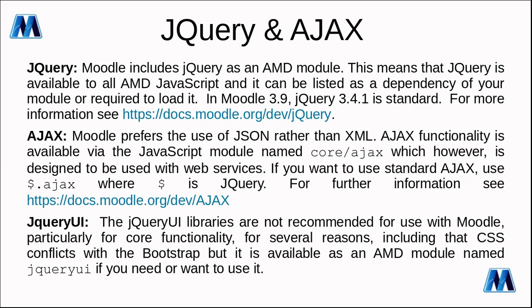However, the module that's in Moodle is designed to work really well with web services, and sometimes you find yourself having to use the $, which is jQuery, .ajax to do other Ajax related stuff. So you can have a look at the documentation. Again, there's a link for you to have a look at the Ajax aspect of the JavaScript framework.